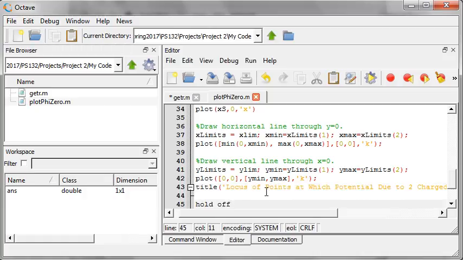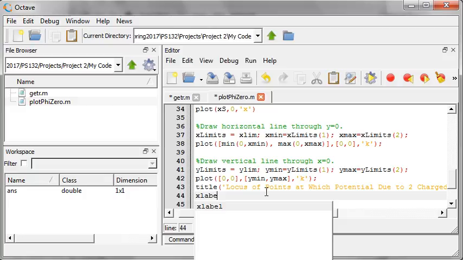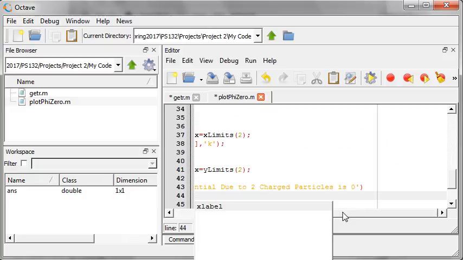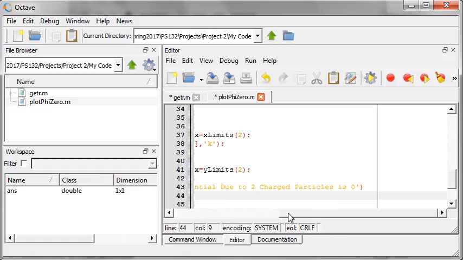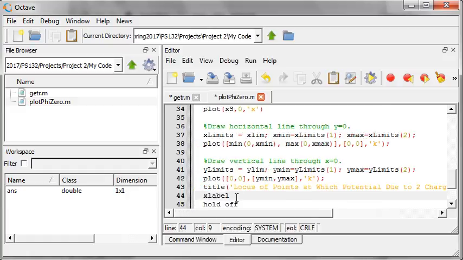Then I think it's xlabel. xlabel. Yes. X in meters.